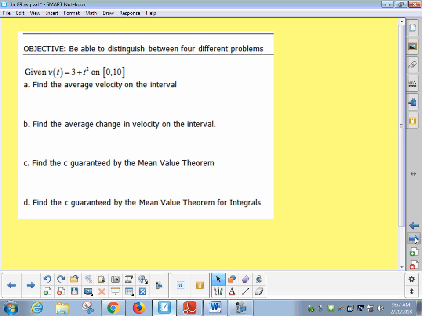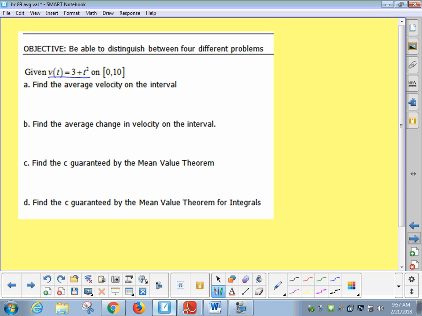Say you had the velocity equation on 0 to 10. These are all different questions that could be asked on that same given. Find the average velocity on the interval. How would you do that?